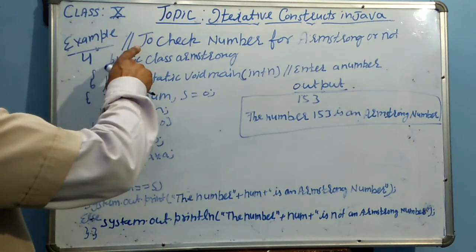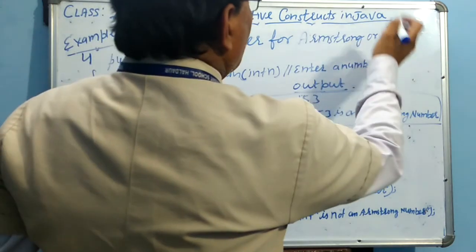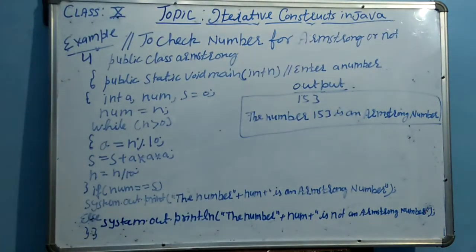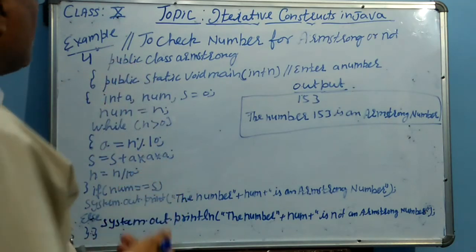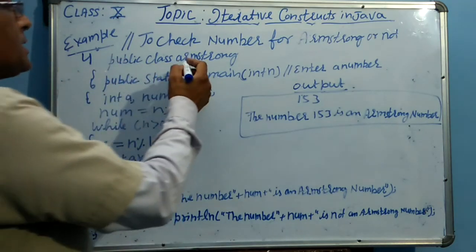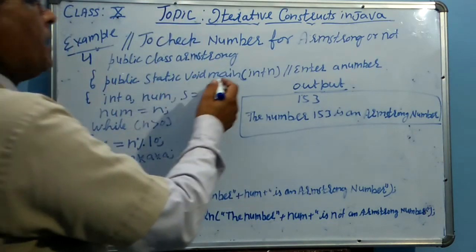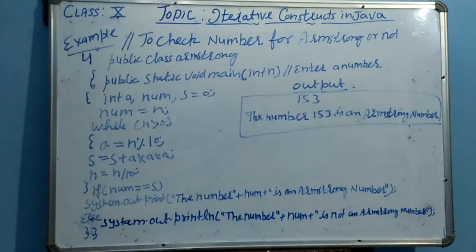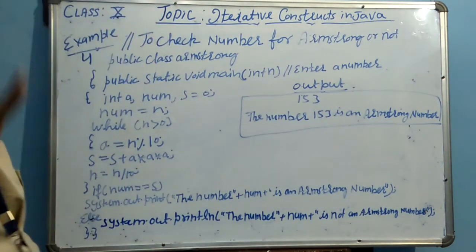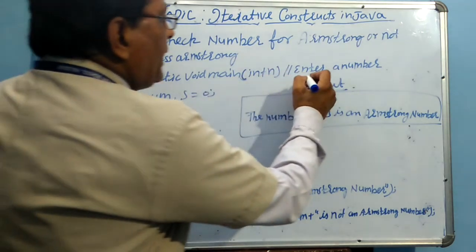First of all, we will write a comment: check whether the number is Armstrong or not. We have to check whether this number is Armstrong or not. First of all, we will use the class, public class Armstrong, then open bracket, then public static void main. int n: we are using int here. int n is for entering the number.